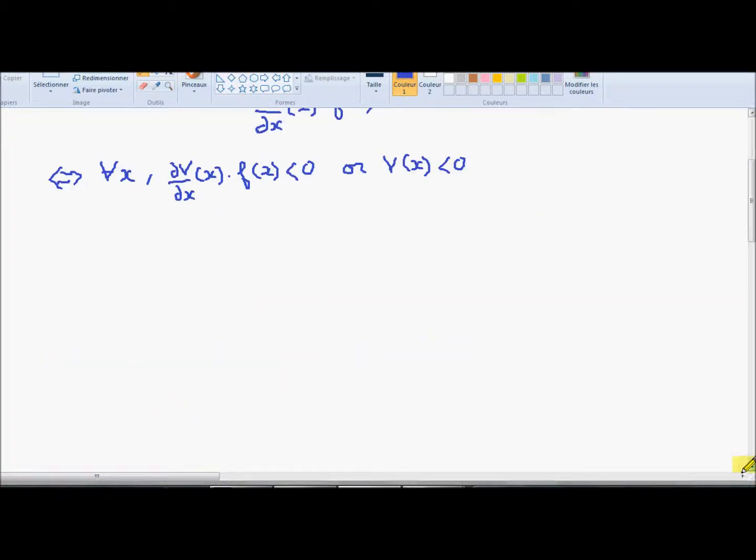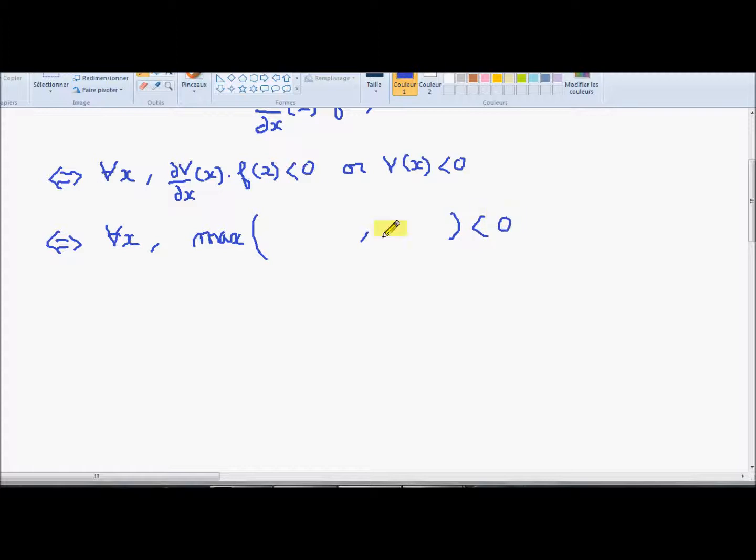Okay, so this is equivalent to say that for all x, this is negative or this one is negative. It means that the maximum of two quantities will be negative.